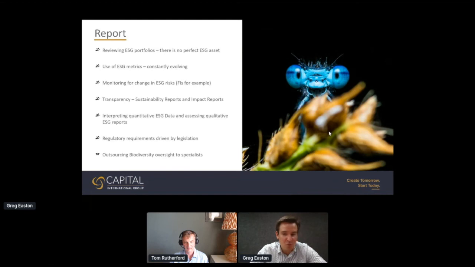But I think it's important that information is made available by a manager, so that if a client wants to see what they are exposed to from a biodiversity perspective, it should be there for them to assess and to see. I think that kind of relationship builds up between a trustee, their manager, the underlying client, and a specialist that's there to provide an oversight capacity.